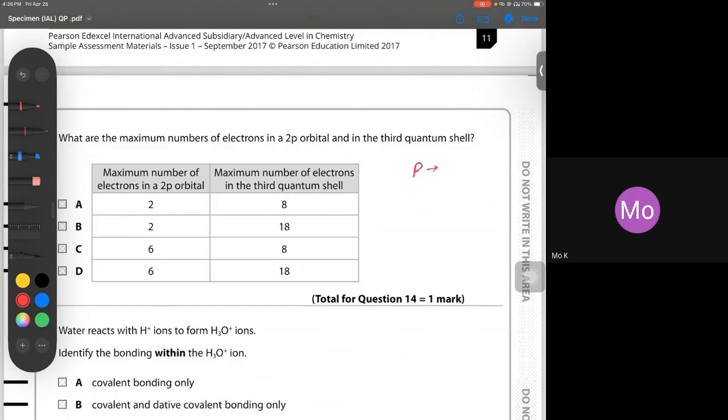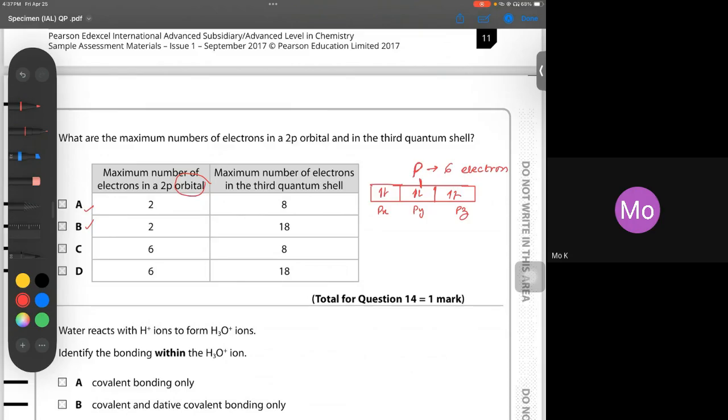It is going to have a maximum of 6 electrons, and this p subshell is going to divide into three orbitals, px, py, pz. Each orbital is having 2 electrons. So it may be A, it may be B, because they are asking about the orbital. They're not asking about the subshell.